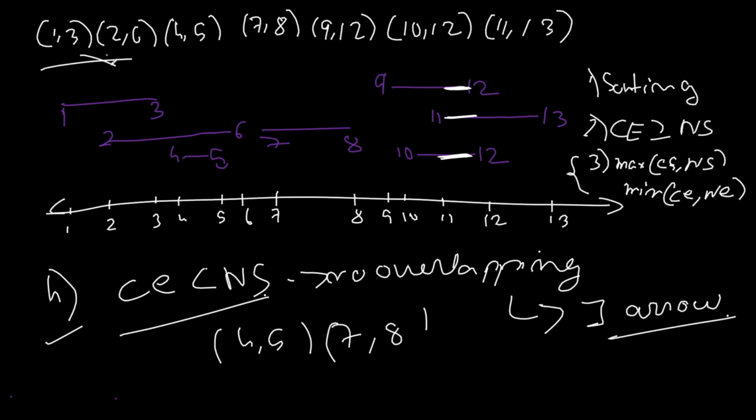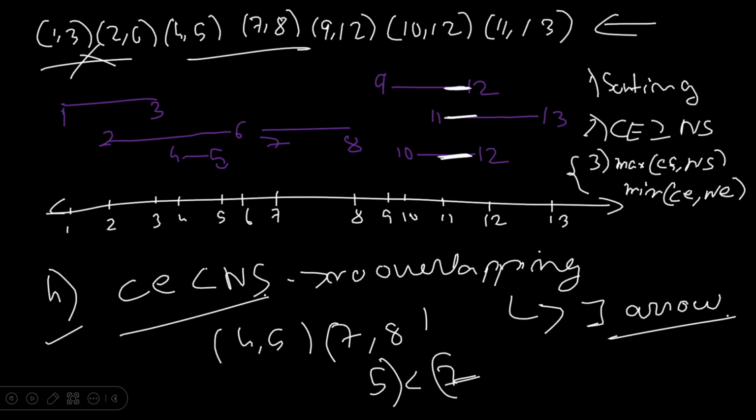So we are at this one now. We can see that 5 is less than 7, right? When the ending point is already smaller than the starting point of the next interval, they are never going to overlap. That is another reason why we sort the given intervals or the diameters. That is pretty clear to us.